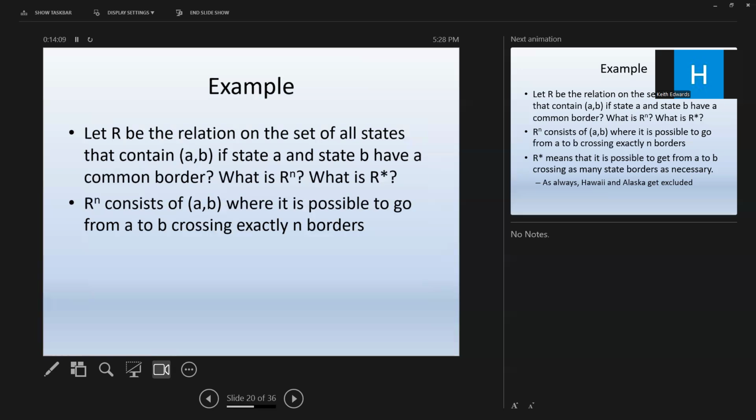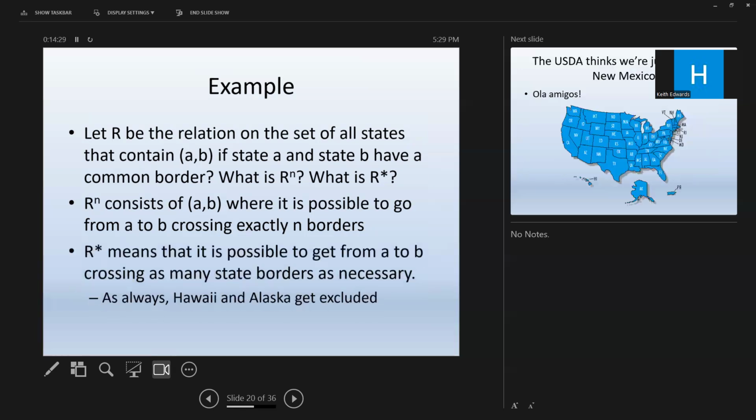If it were possible to go across 2 borders, say you wanted to go from California to New Mexico, you could go across the Arizona border and then from Arizona into New Mexico. And that would be part of R2. R star means it's possible to get from A to B crossing as many state borders as necessary.